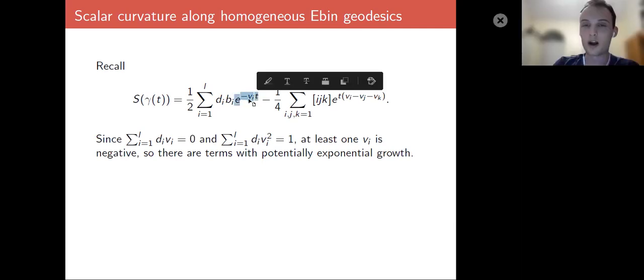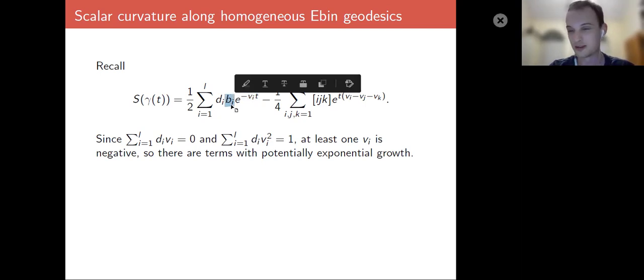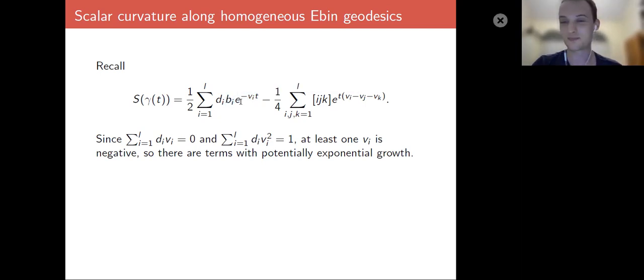So at least one of these terms does actually correspond to exponential growth rather than exponential decay. So that we are actually going to get exponential growth here, provided b_i is not 0. If you're interested in homogeneous geometry, you might understand what the implications of this being 0 is.